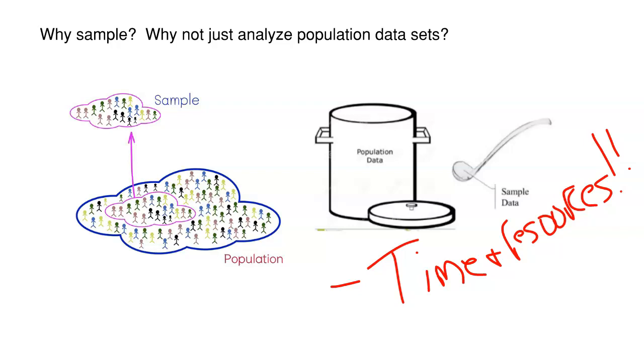But even if you do have population data, I will frequently suggest that we grab samples rather than work with the whole population. If the population data set is over a long period of time and the process has changed, a lot of that historical data really is not a reflection of what's going on in current state.